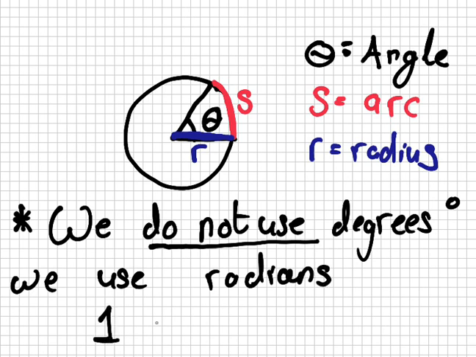One radian is approximately 58 degrees. So this is a different unit. We don't use the unit degree, we use the unit radians.